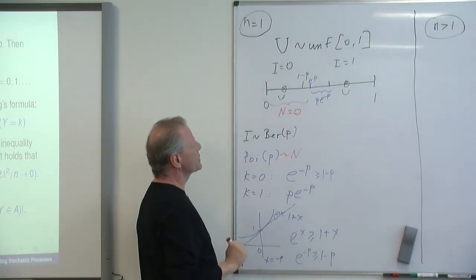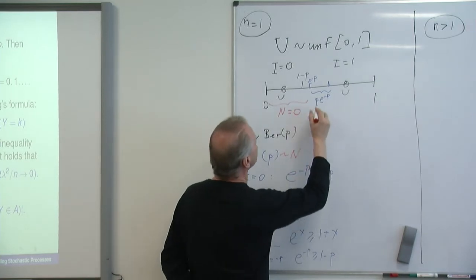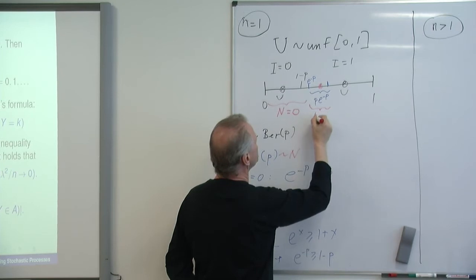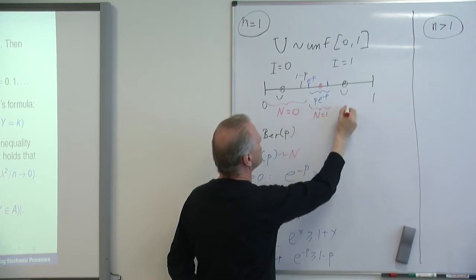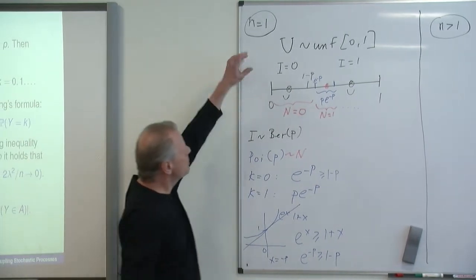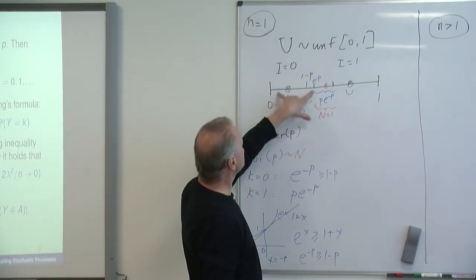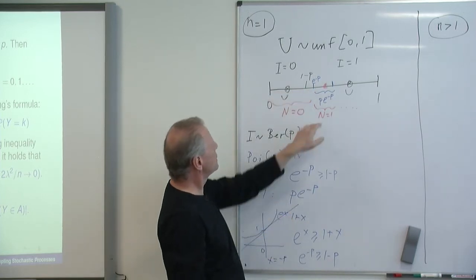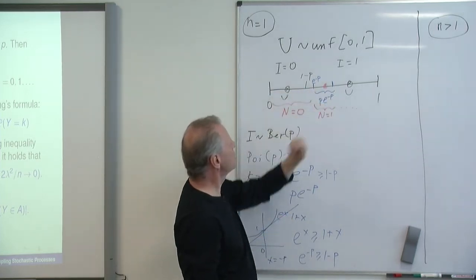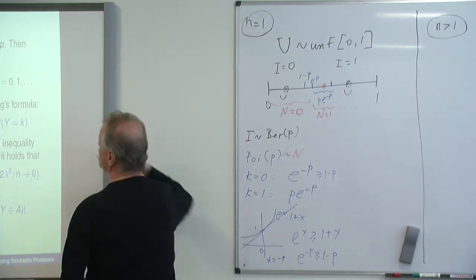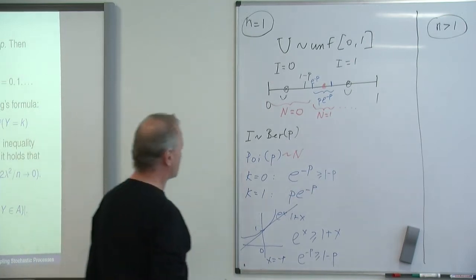N is going to be this guy. And if u is here, then we put n equal to 1, and so on. So you see the probability of ending here is correct. It's e to the power minus p. And the probability of ending here is this, and so on. So we get these probabilities for this n.